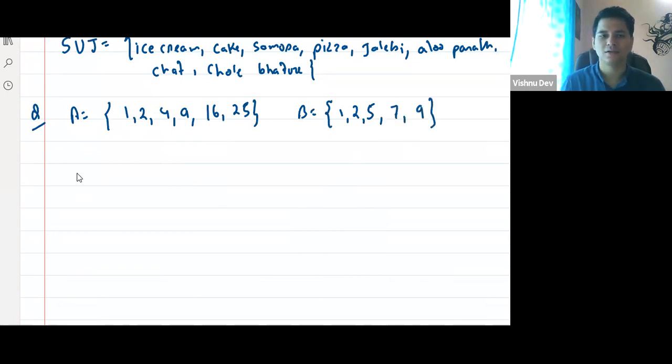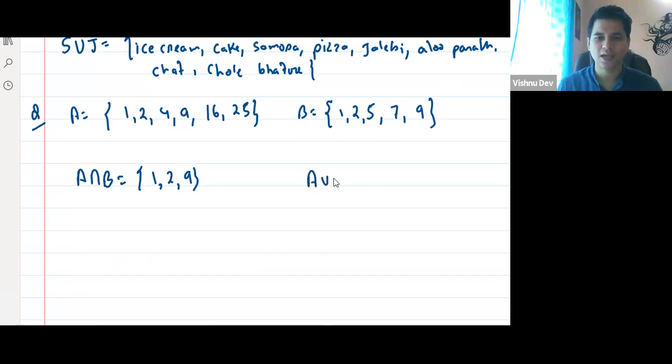So what is A intersection B? Tell me. 2 and 9, and 1 also is there. So 1, 2, 9. Agree? Yes or no?